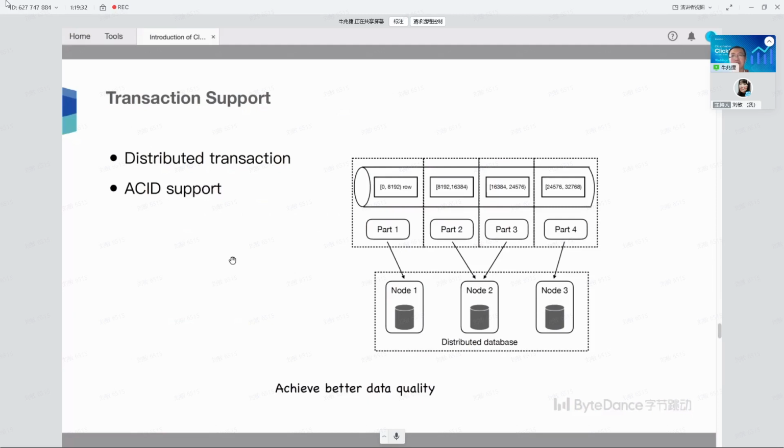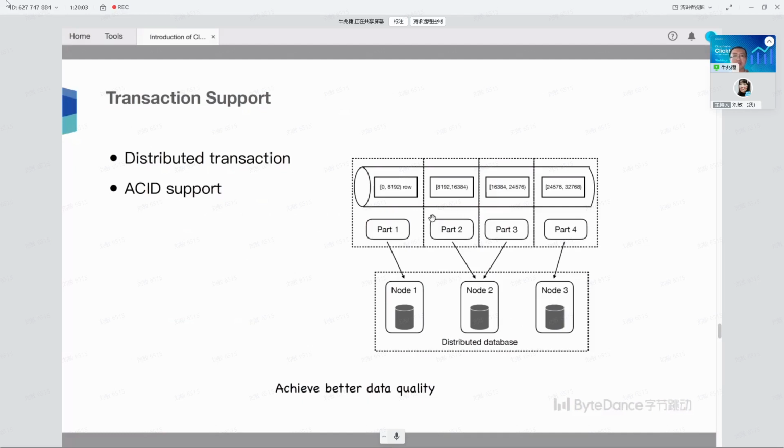And for the transaction here, we need to consider the distributed transaction, because we have tons of metadata. They cannot be stored in only one server. We must store them in a distributed environment. So that is why we need distributed transaction support. And also we need some ACID properties to guarantee our data properties.